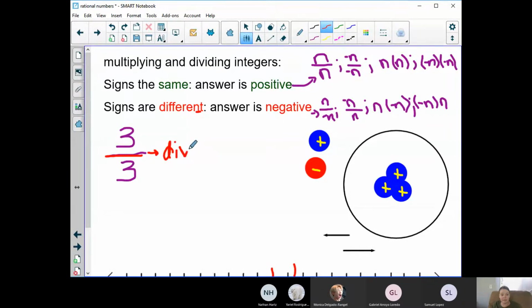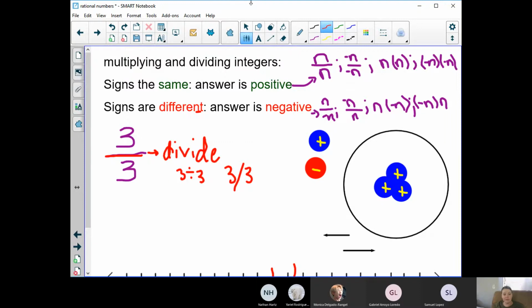We could rewrite it as 3 divided by 3, or 3 over 3. All of these things mean the same.